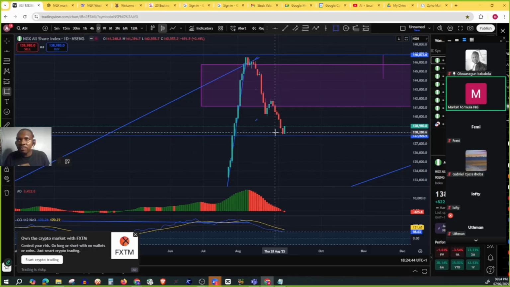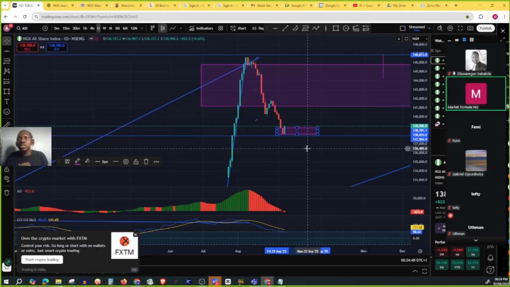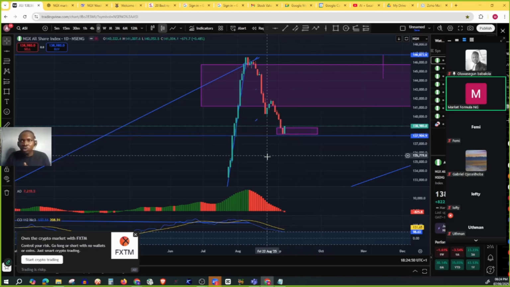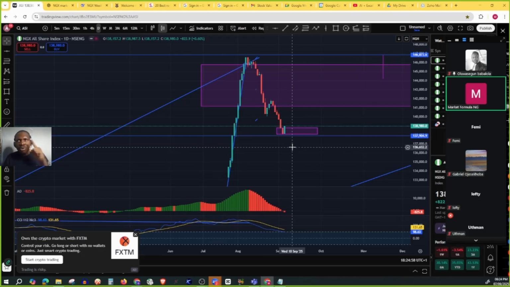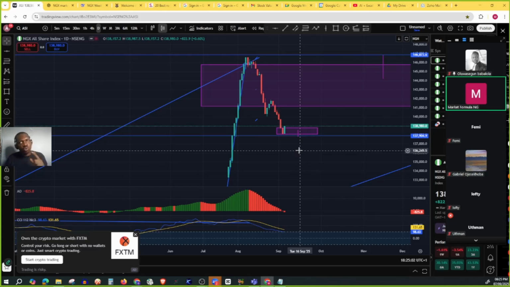So let me mark it. That's what it means. So we can use this as a minor support. This is the minor support that we are going to use to buy. This trade will be wrong when we have another candle close below this low. So that is our stop loss.